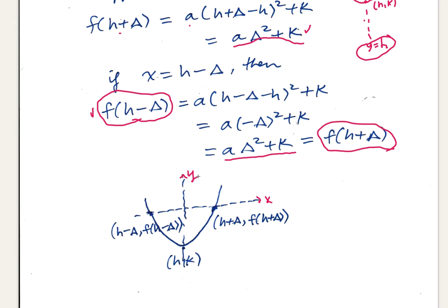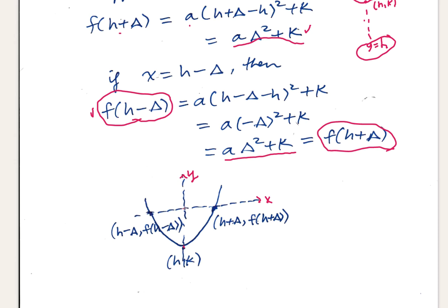Here's my parabola. The low point in this case, the vertex, is (h, k). Now, if I move a certain distance, delta, in the horizontal direction from h, and I evaluate the function there.